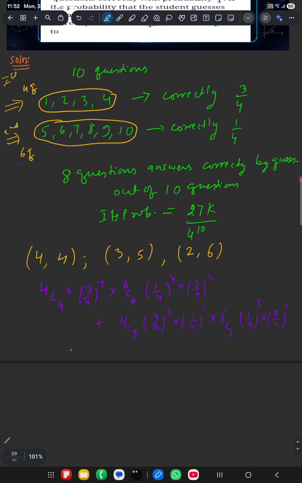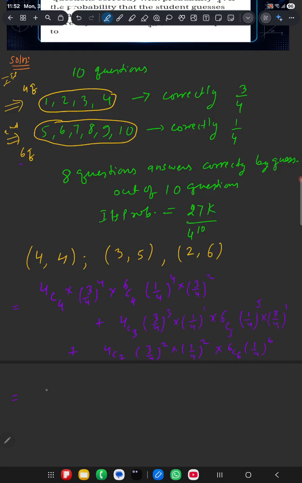And the third group, so 4C2, so 3 upon 4 power 2 and 1 upon 4 power 2, into 6C6, which means all are correct from this, so 1 by 4 power 6. Clear? So this is your total probability.